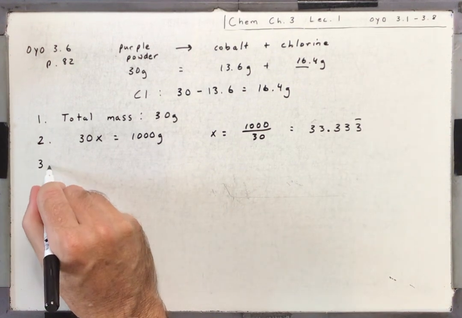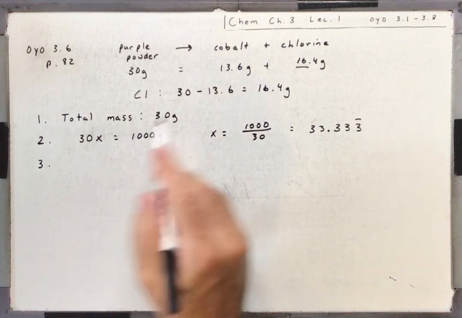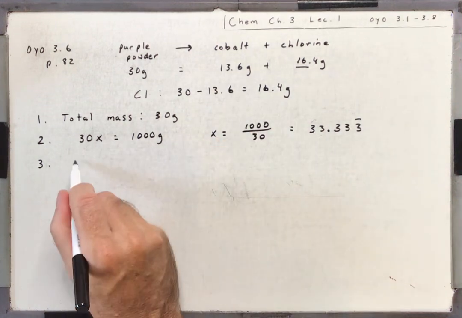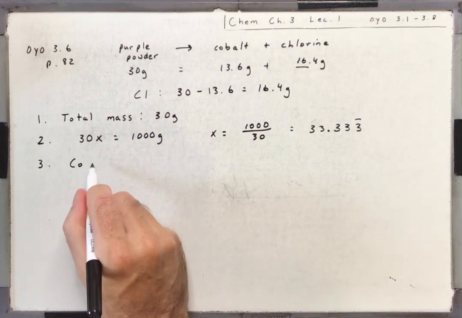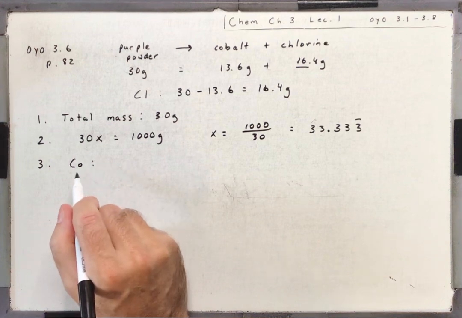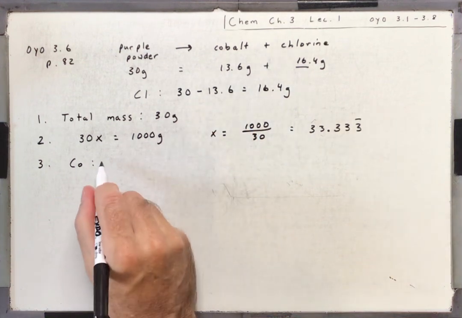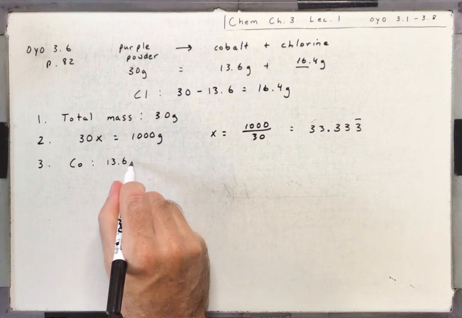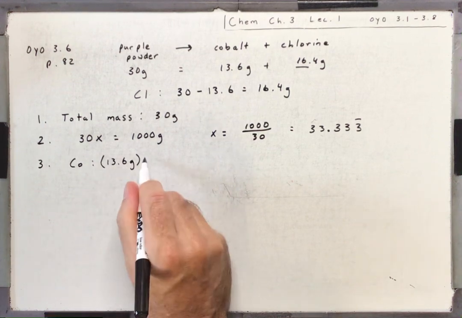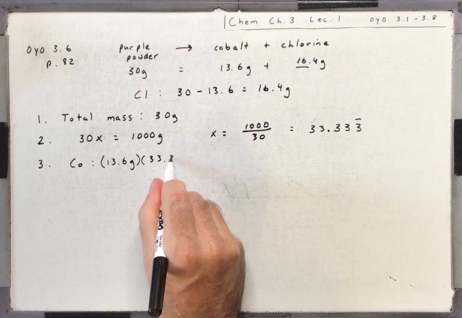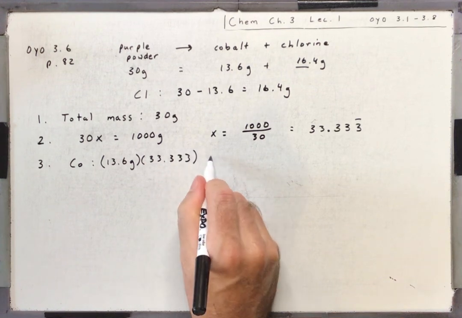All right, and then step 3, the recipe, how much cobalt and how much chlorine. So cobalt has a symbol Co. We're going to get that by taking the original amount, 13.6 grams, and multiplying it by 33.333.